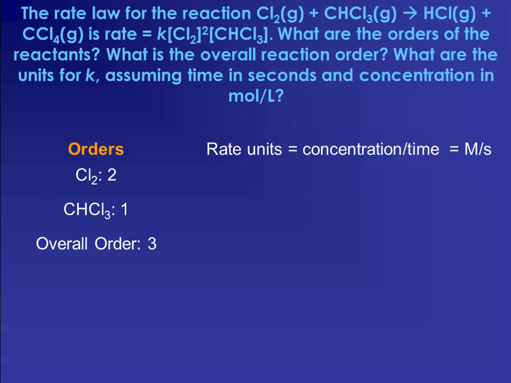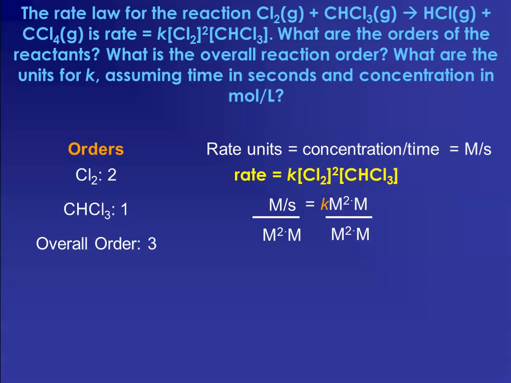The units of the reactants are going to be in concentrations. That's why we have those in brackets. And so if we know what the units are for rate, and if we know what the units are for our two reactant concentrations, we should be able to use the unit analysis to determine what the units are for K. To isolate K, we would need to bring meters cubed over to the left side of our equal sign.